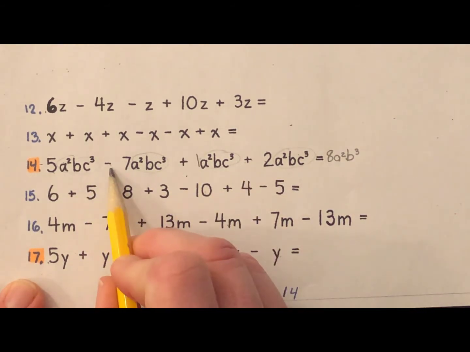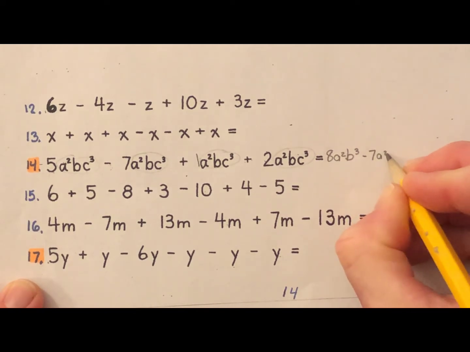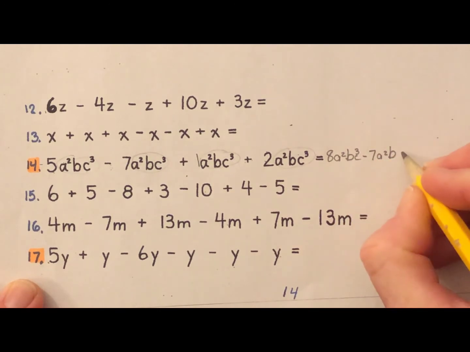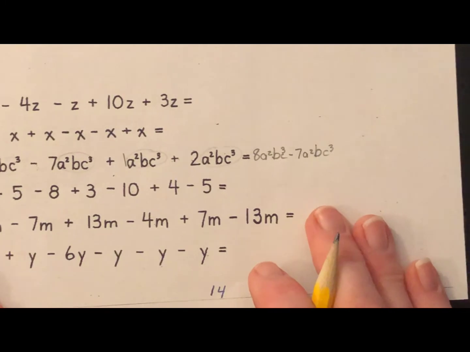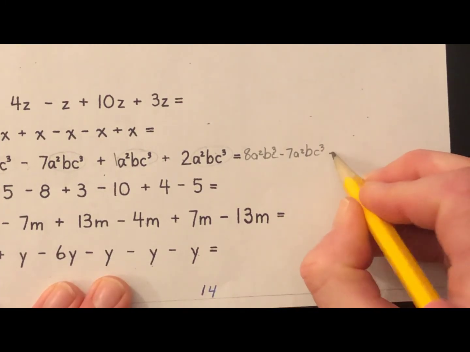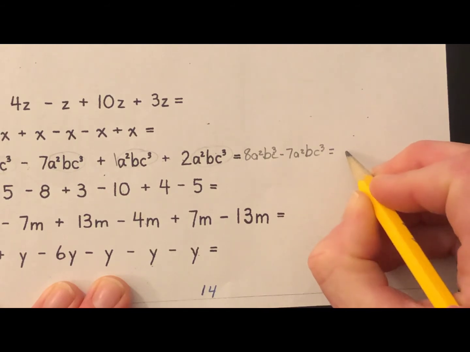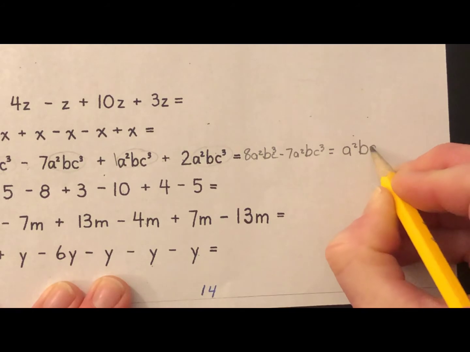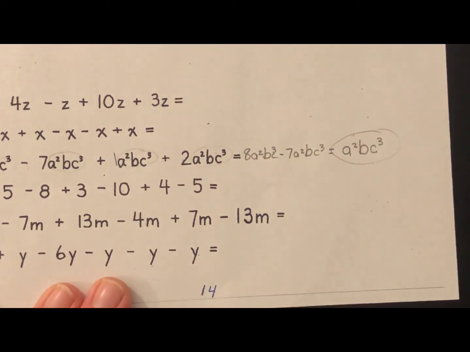We just have the 1 minus 7a squared b c cubed. And my final answer is, what's 8 minus 7? 1. So you can either put 1 or just put a squared b c cubed. That's your final answer. Wow.